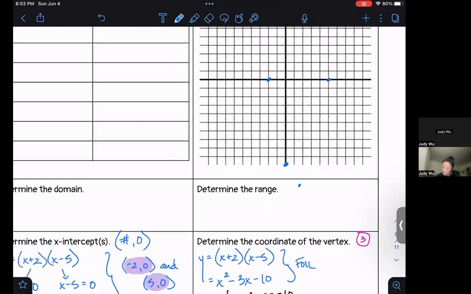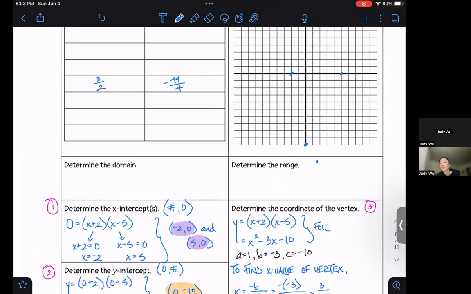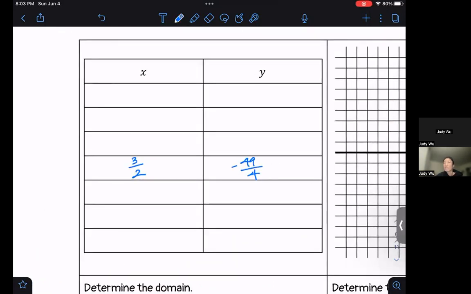Now, if I put in 3 halves and negative 49 over 4, let's pick some numbers that are around 3 halves. So 3 halves is like 1.5. Going bigger, I could have 2, 3, 4. And then going back down, I could have 1, 0, negative 1. But either way, this is the coordinate of our vertex.